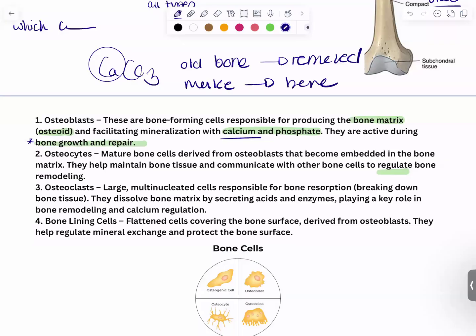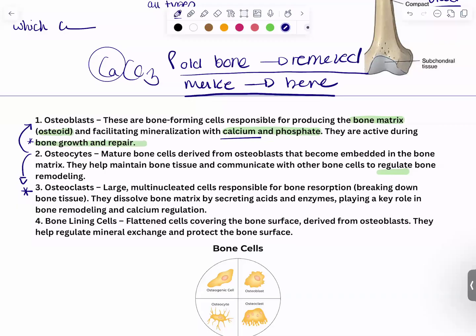When we remove the old bone, the responsibility is for the osteoclast. So the osteocyte will send a message to the osteoclast to say, hey, remodel the bone, so they remove the bone structure. At the same time, it will send a message to the osteoblast to say, hey, it's your responsibility to make the matrix, the extracellular matrix, and it's about bone formation.